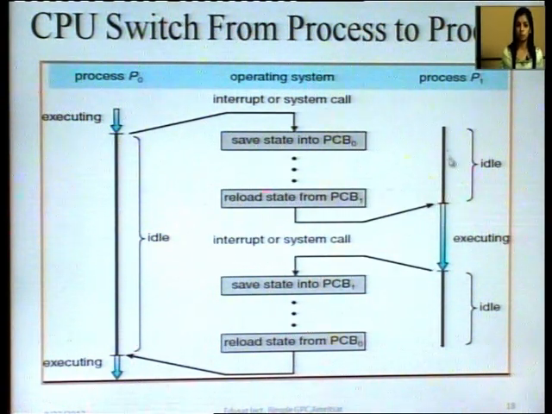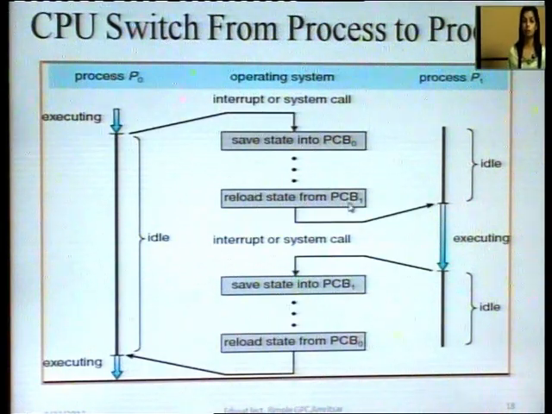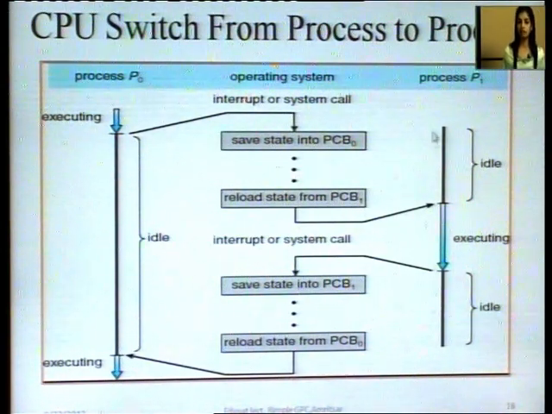While the second is going to execute, the stage of P0 is saved into process control block 0. Then the second process executes. Then the stage is reloaded from process control block 1, where it was in the idle stage, and its execution is performed. Then it is again interrupted by some system call, and the stage is saved in process control block 1. In that case process 1 is in the idle stage.